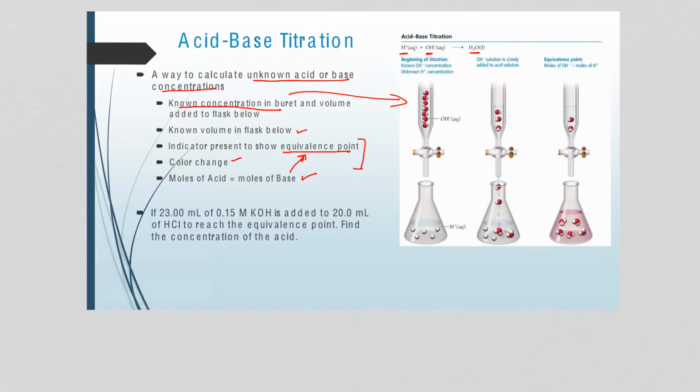So we're going to take this base that we know the concentration of, and add it until the indicator tells me that the moles of base added equal the moles of acid that were in the flask. This is my equivalence point.